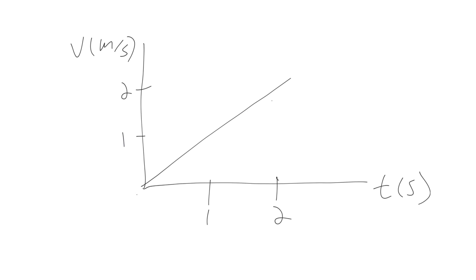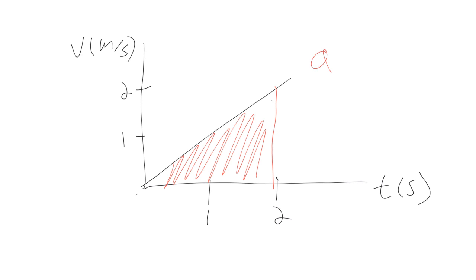Just like I said previously, the integral is the area under the curve, and in this case, the area under the curve makes the shape of a triangle. If I want to know that area, I'm going to need the equation for the area of a triangle, which is 1/2 the base times the height, right?